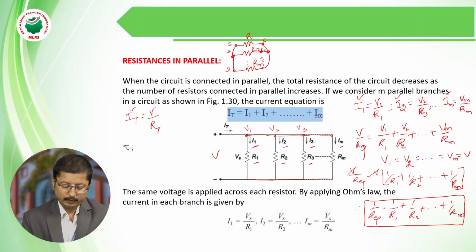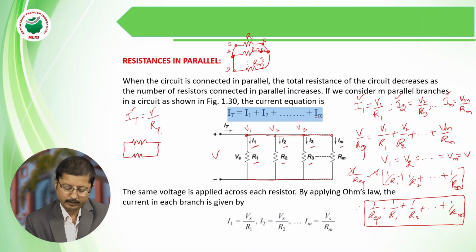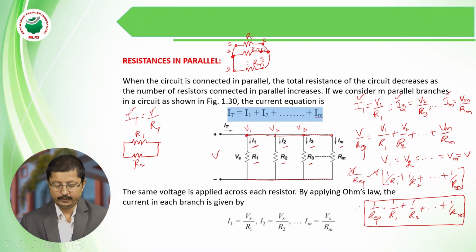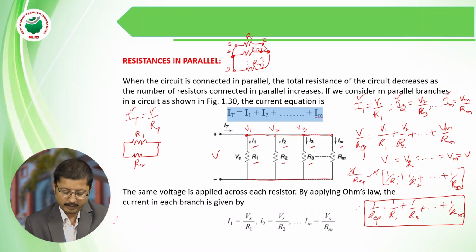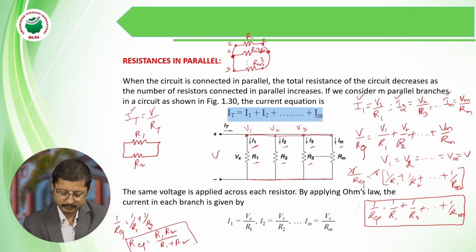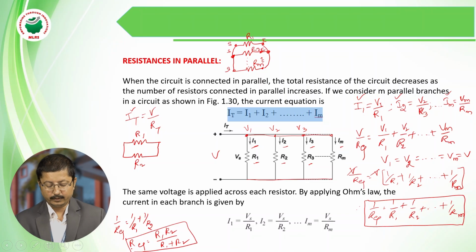If the two resistors R1 and R2 are in parallel, then 1 by R equivalent equals 1 by R1 plus 1 by R2. To simplify this, we get R equivalent equals R1 R2 divided by R1 plus R2. This is the equivalent resistance when two resistors are connected in parallel.